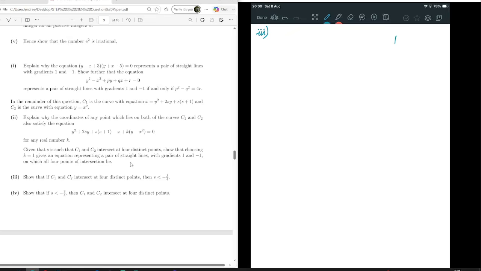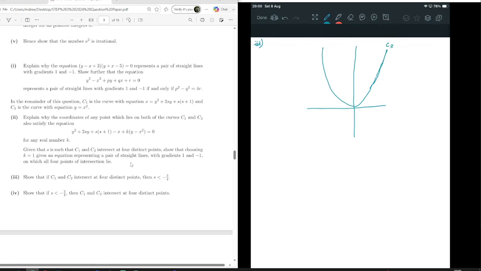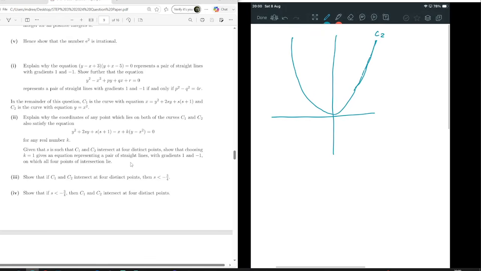At this point, I kind of want to look at what these curves actually are. C2 is the easy quadratic curve. It's just y equals x squared. So C2 is that curve. Now C1 kind of has flipped the x and the y, and actually having C1 in its completed square form, I think it's a little bit more obvious what's going on, because this can now be thought of as a transformation, but all of our x and y's are backwards.